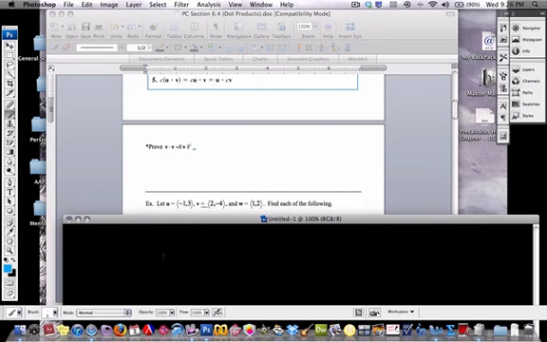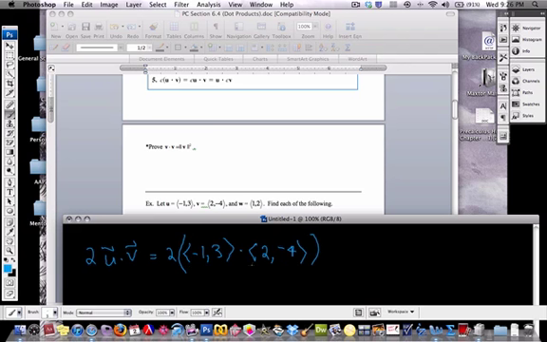So 2 times -1, 3 dot 2, -4. We want to do the dot product first.